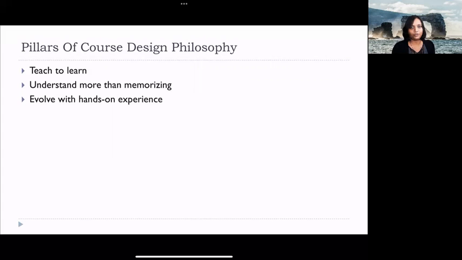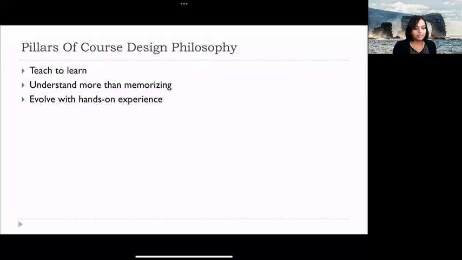It's all about you being able to learn yourself, and that's what you would be doing in different modules as we proceed. You would be reading different research articles, learning from them on your own. If you have any questions, definitely you can approach me in my office hours, email me, or discuss that with your peers in this course.